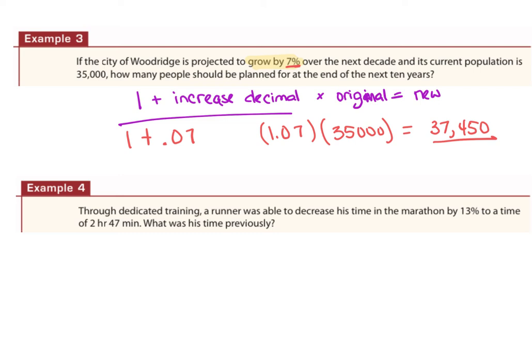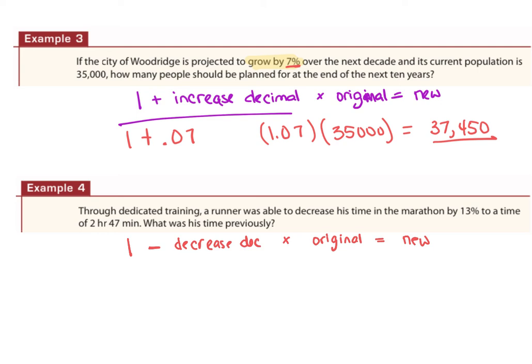So now we are not increasing, we are decreasing. And so for decreasing, you're going to take the 1 and you're going to subtract the decrease, again, in decimal form. And then you are going to multiply that by the original, and that will give you the new. All right?